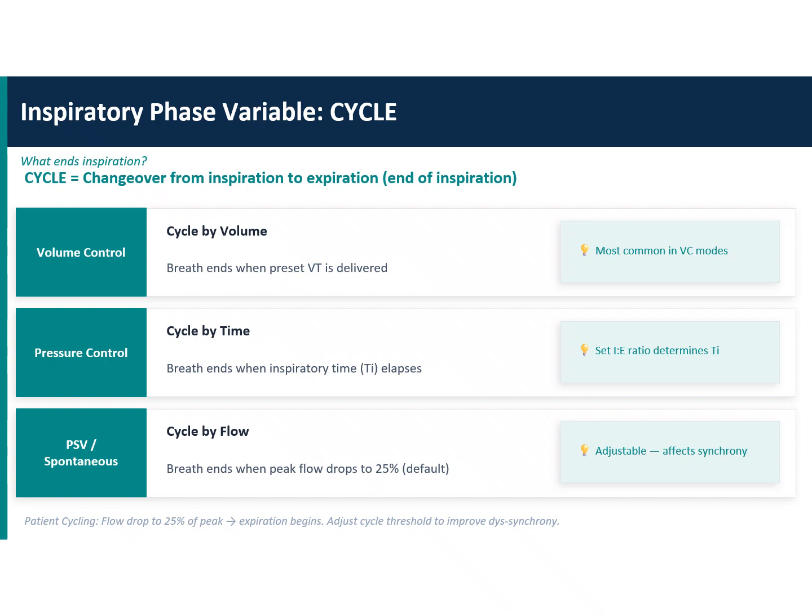What about cycling? When will inspiration become expiration? In pressure control, usually we'll set an inspiratory time. In volume control, when whatever volume you have put is completely delivered, the ventilator will switch from inspiration to expiration. In pressure support ventilation, where the patient is breathing spontaneously, we usually set a setting where the patient's peak inspiratory flow will drop to some extent, usually around 25 to 35% of peak inspiratory flow rate.